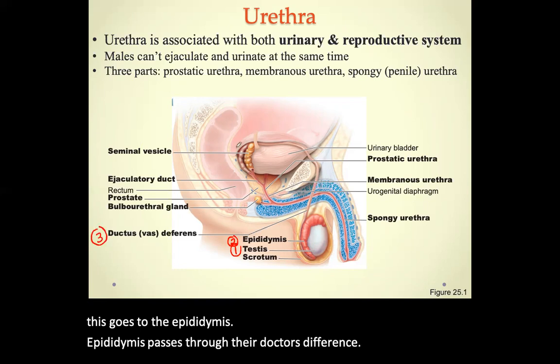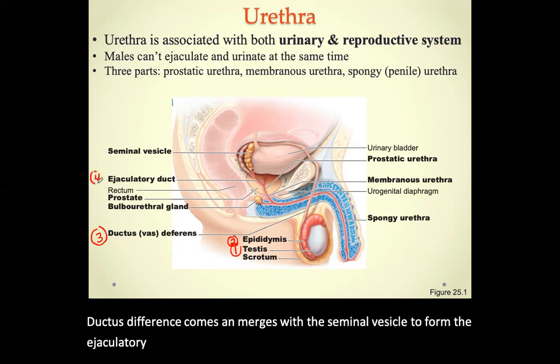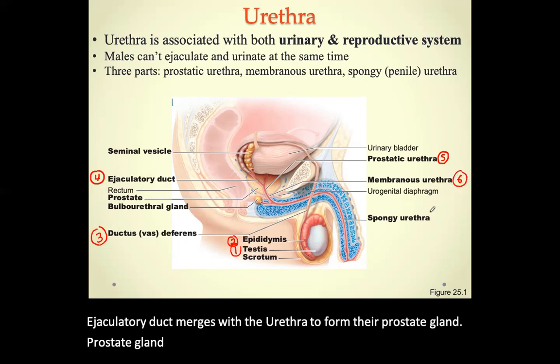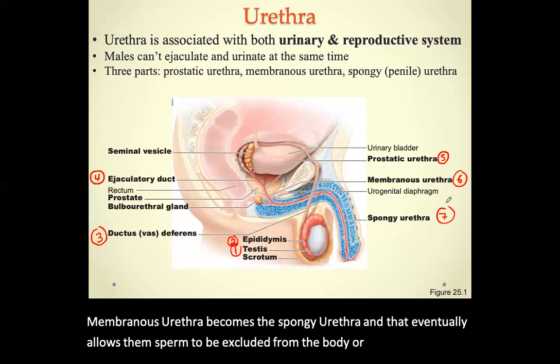Ductus deferens comes and merges with the seminal vesicle to form the ejaculatory duct. Ejaculatory duct merges with the urethra within the prostate gland. Prostate gland becomes the membranous urethra, and the membranous urethra becomes the spongy urethra, and that eventually allows the sperm to be excreted from the body or ejaculated from the body.